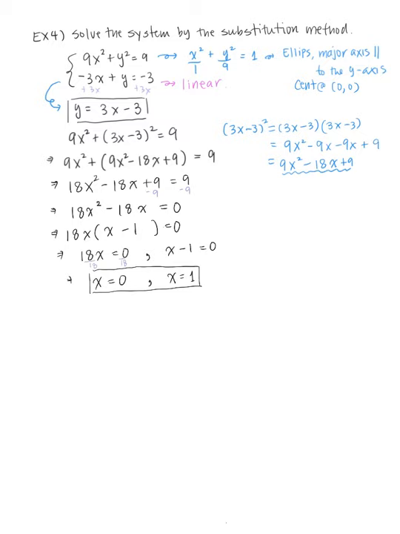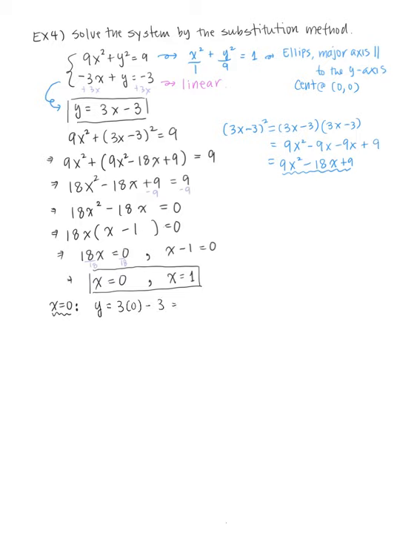Now we got the proposed solutions for x. Now let's compute the corresponding y value when x is 0 and also when x is 1. So let's first go with when x is 0, what is going to be our corresponding y value? I'm going to plug x equals 0 into this equation here where we solved for y already. So then what we're going to get is y equals 3 times x minus 3, but x is 0, and then minus 3.